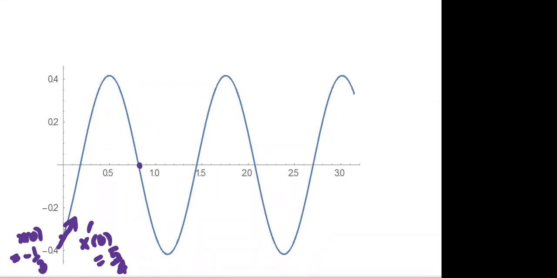The time that the mass attained displacement below the equilibrium position. Below means positive, right? So 0.2903. So 5 over 12, and half of that is going to be somewhere around here. So this is 5 over 24.